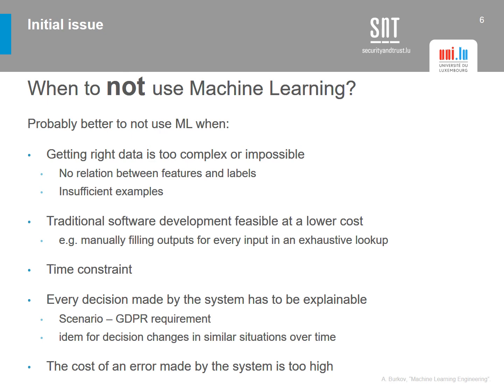Let's discuss an example. Suppose we have an exhaustive lookup table that contains the outcome or answers to every input. If we can go through the lookup table manually to search for an answer for a specific input, and we feel that such a manual lookup can be accomplished, then it's really not necessary to use machine learning.